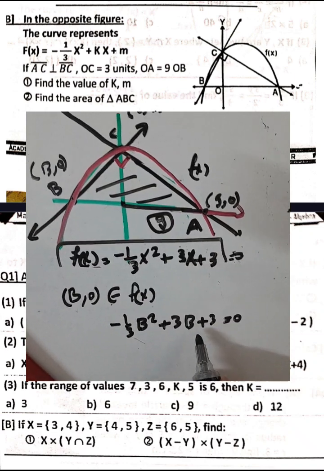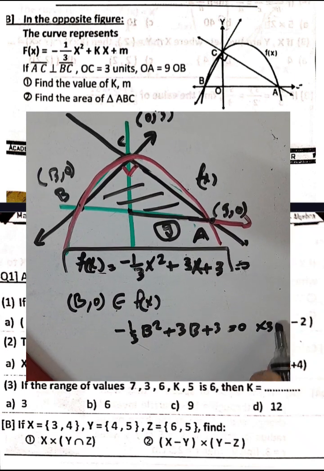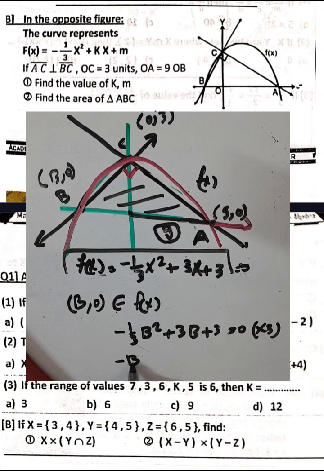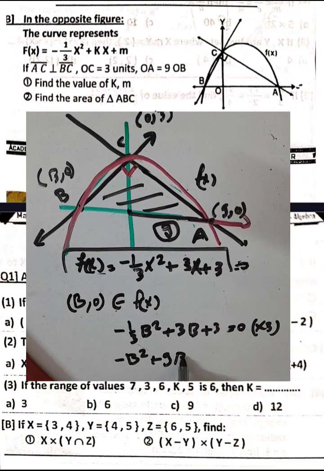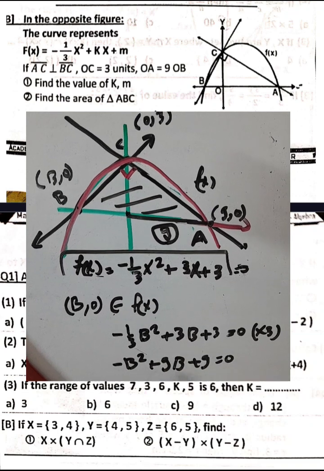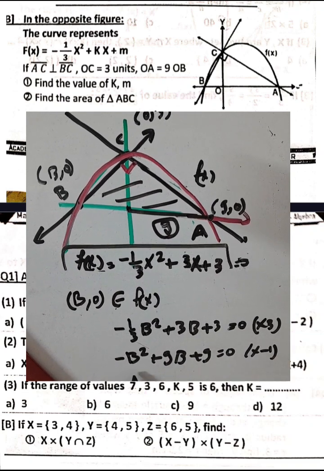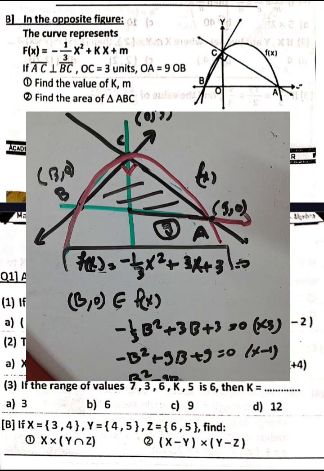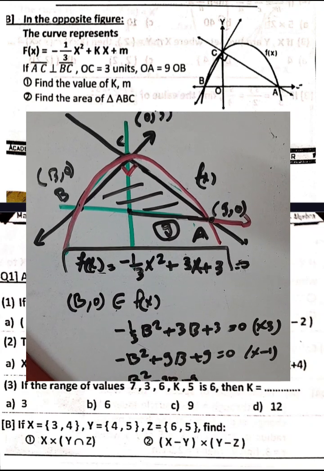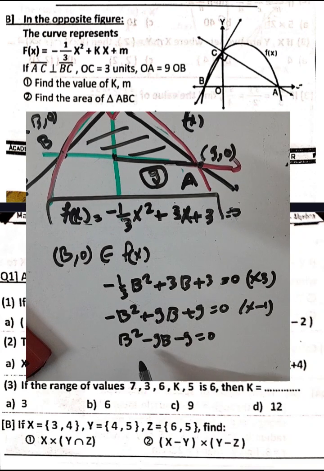Then you can cancel by multiplying by 3 on all terms: negative p power 2 plus 9p plus 9 equals 0. Multiply by negative 1: p power 2 minus 9p minus 9 equals 0.